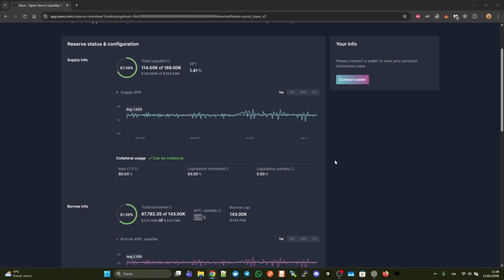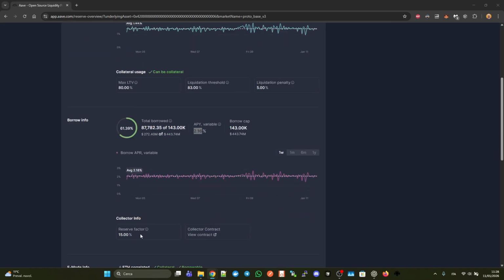This is because Aave takes a small cut of interest. This has to do with the reserve factor here. Of course, a small cut of interest paid by the borrowers is kept by the protocol and stored in the protocol reserve.